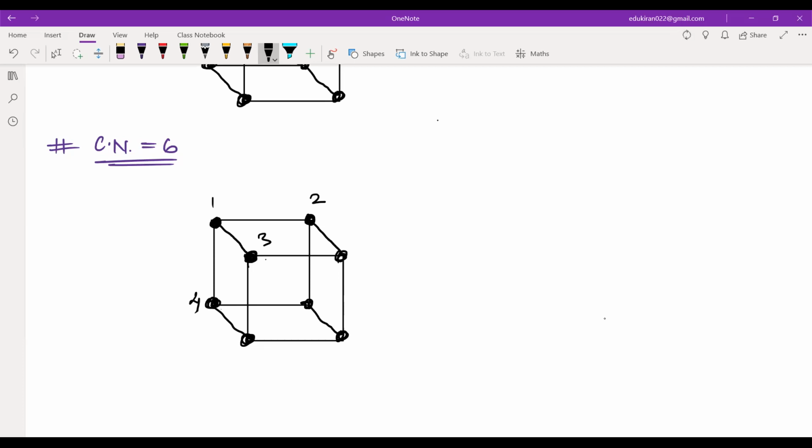Then there will be another unit cell like this. It will have some atom here. Now I'm touching this atom also. There will be a unit cell backwards, and that will also have an atom.